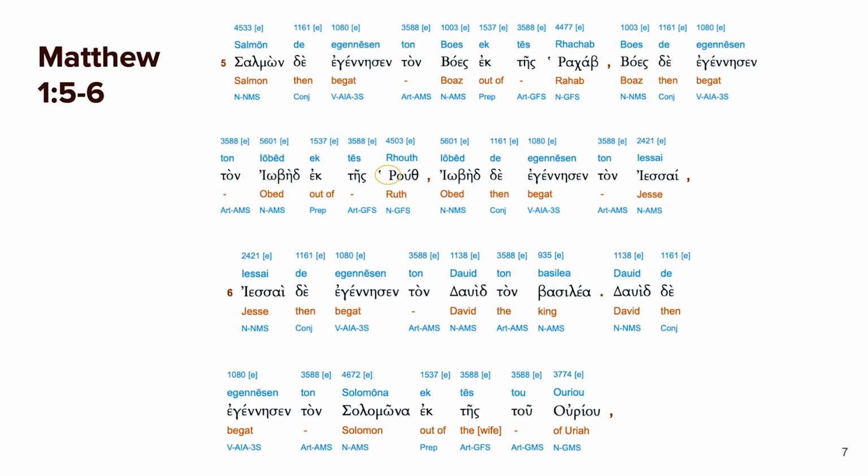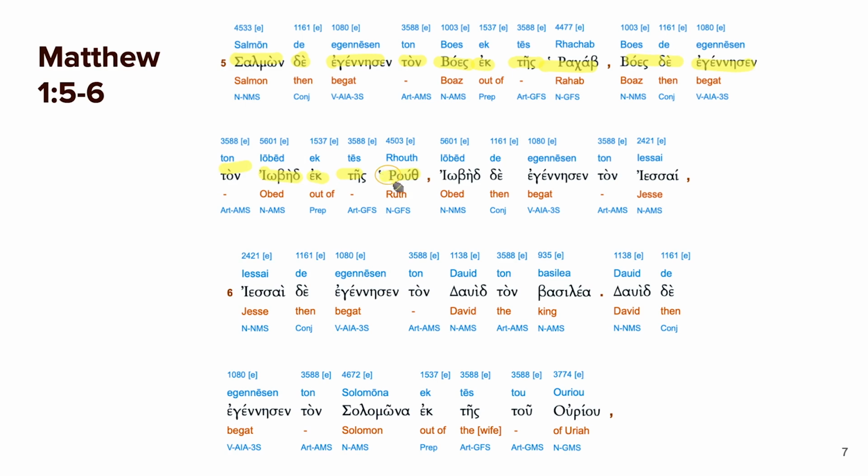All right, so here we are, Matthew 1, 5 through 6. I'm just going to go ahead and read these verses to you now. Salmon de egenisen tan Boes, ek tes Rahab. Now notice there's a rough breathing mark here, so it's Rahab. Boes de egenisen tan Yobed, ek tes Ruth.